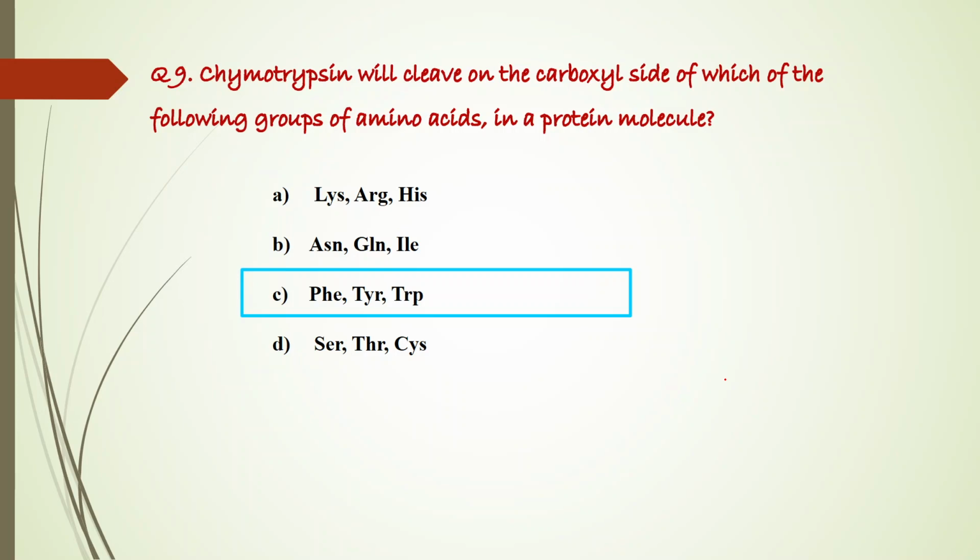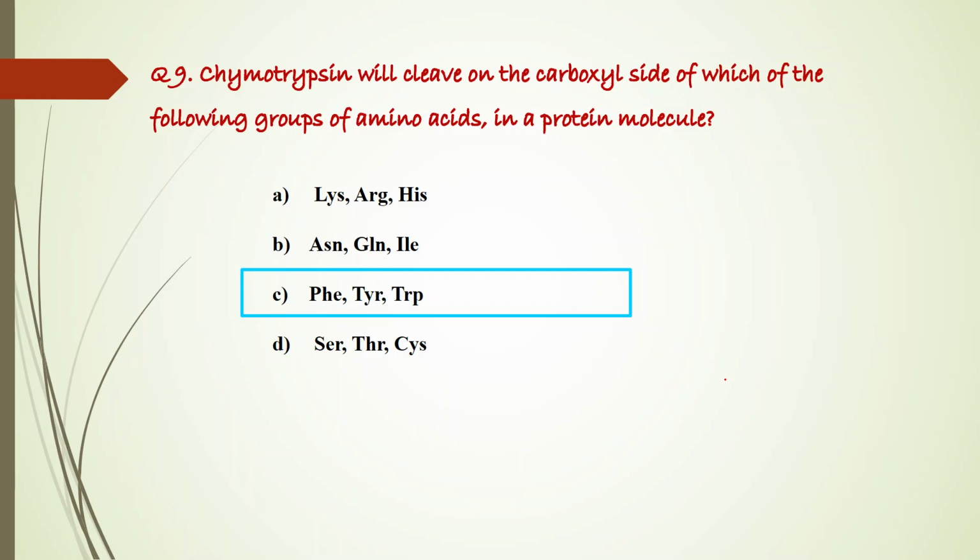You do need to remember this kind of information, because whenever we solve peptide sequences, you will need to remember which enzyme acts upon which kind of amino acids. If you do not know, you will not be able to identify or form the peptide sequence. So you need to remember the roles of different enzymes like chymotrypsin, trypsin, esterases, or other molecules like CNBr.